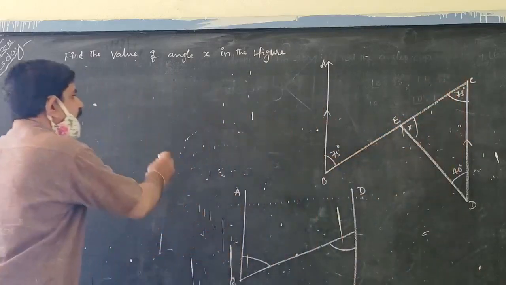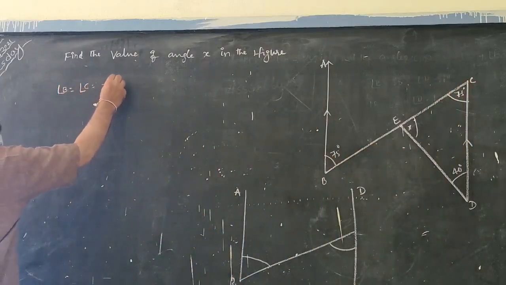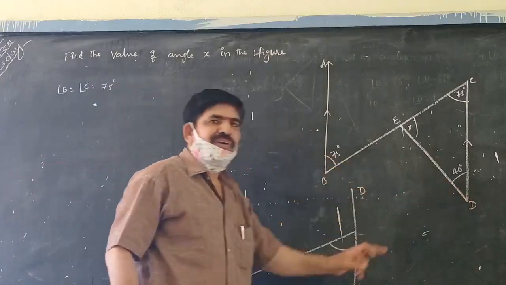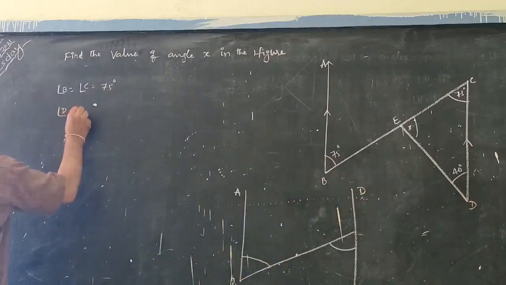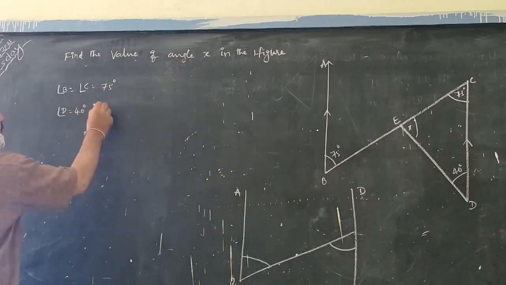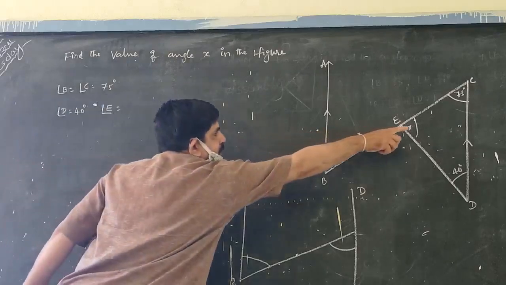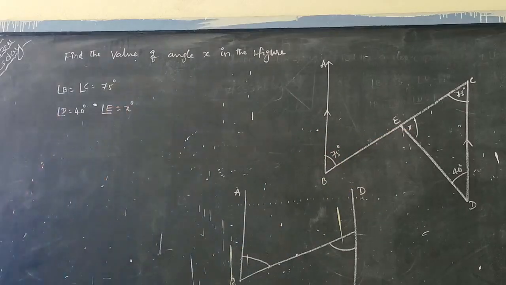That means angle B is equal to angle C, which is 75 degrees. And it is given that angle D is equal to 40 degrees. Angle E is equal to x degrees, given.